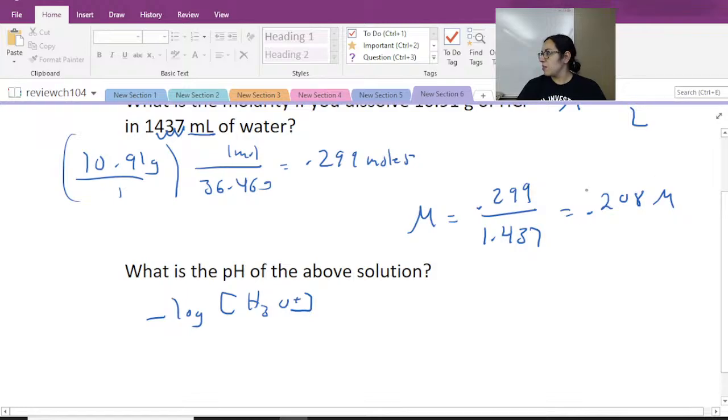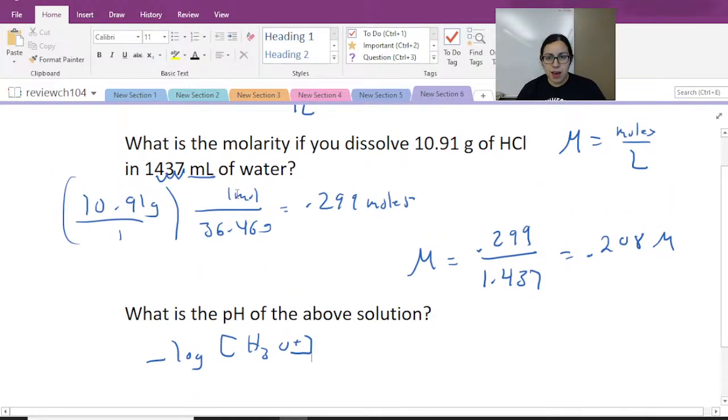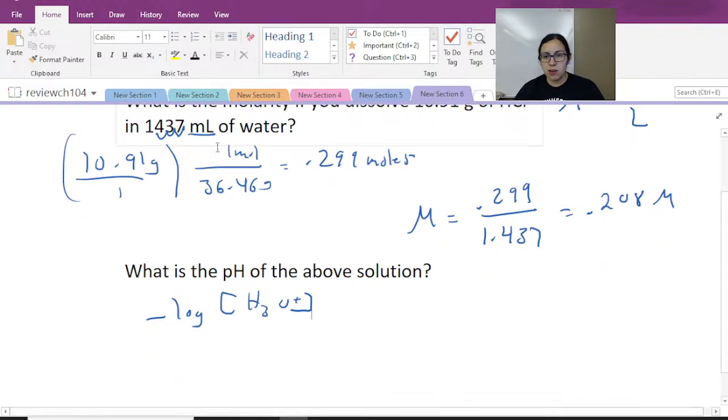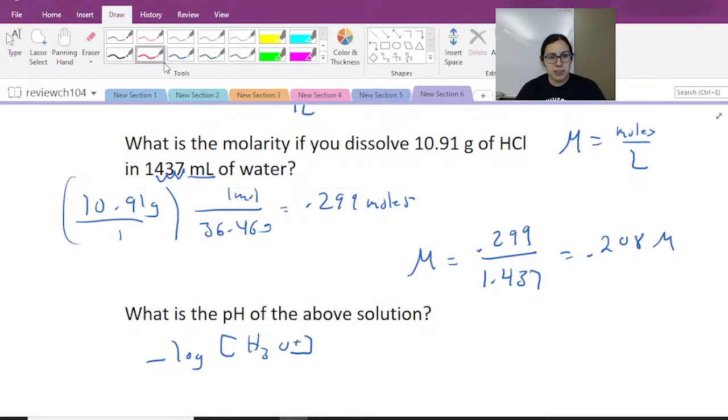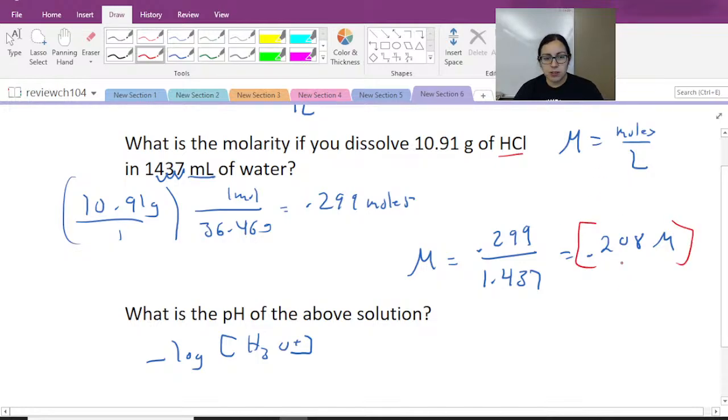Right, we have acid, so this is our acid concentration. We found it. And so this is the same as our hydronium concentration. And right, this works out because it's a strong acid.